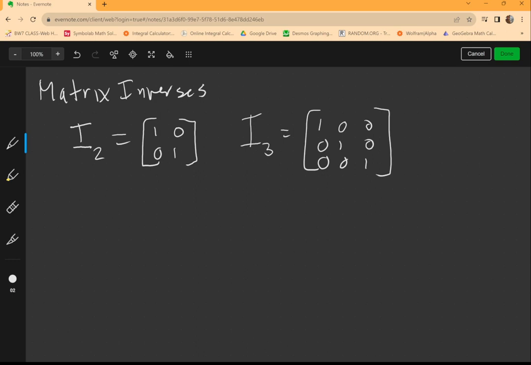So this idea of a matrix inverse would only apply to square matrices, right?